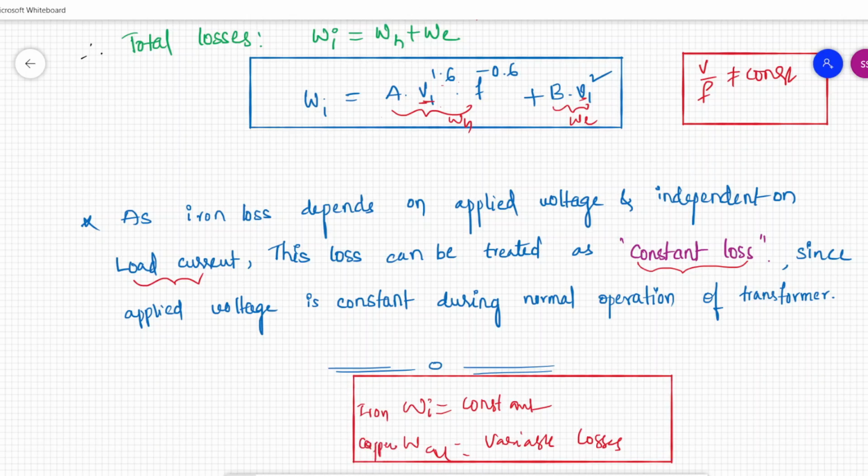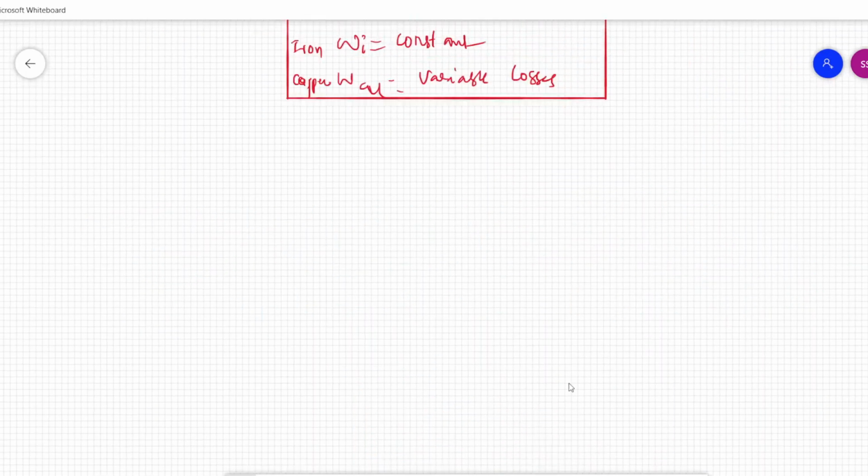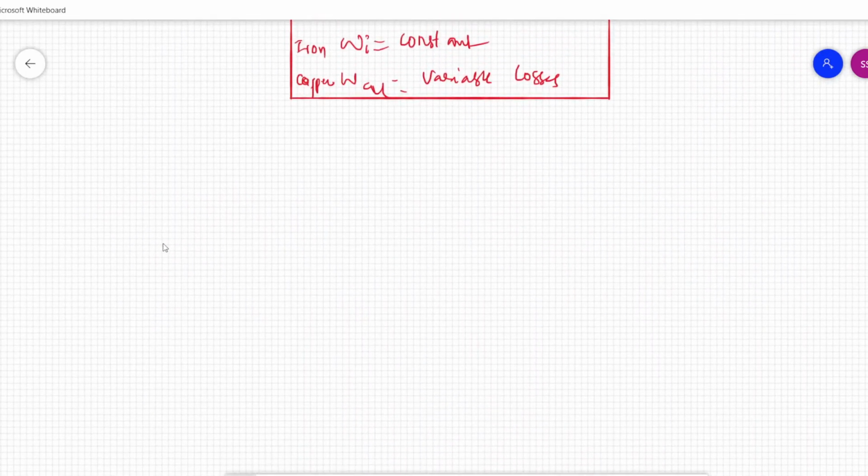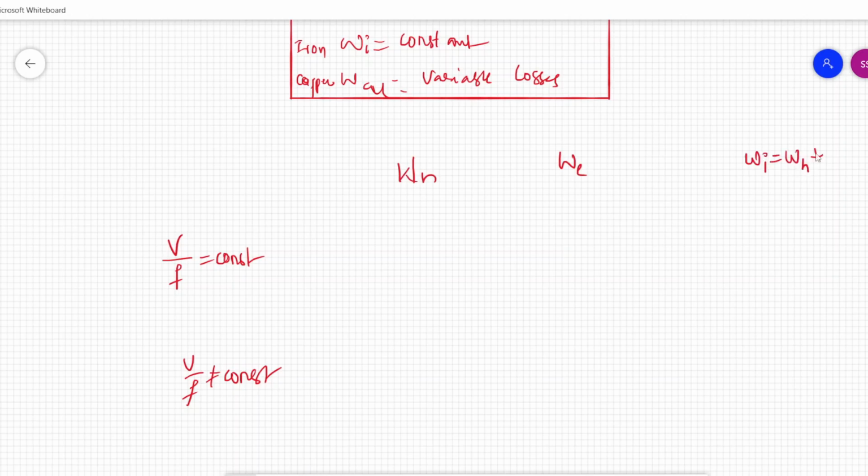Okay, so let us summarize this. Here we have V by F ratio constant, and V by F ratio not maintained constant. What is the behavior of hysteresis loss, eddy current loss, and total iron loss, which is the sum of hysteresis and eddy current loss? When V by F ratio is kept constant, the hysteresis loss is proportional to frequency only, and eddy current loss is proportional to frequency square.